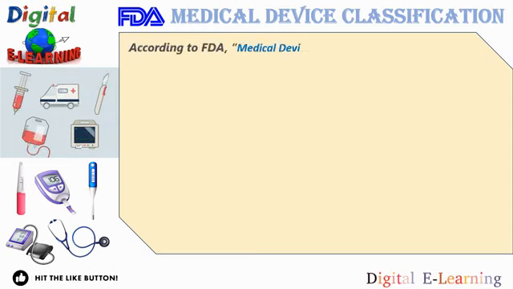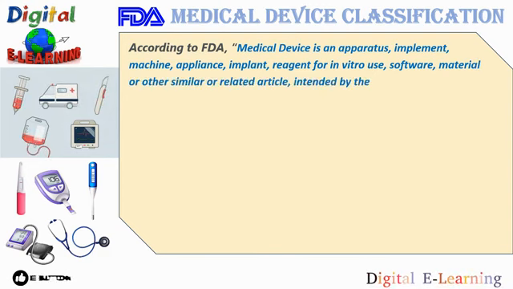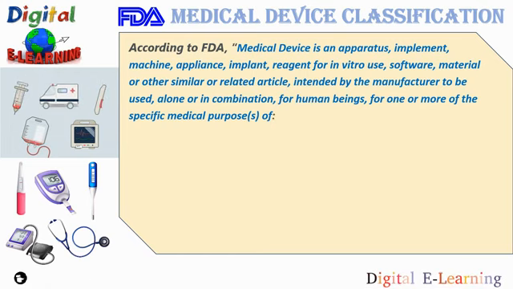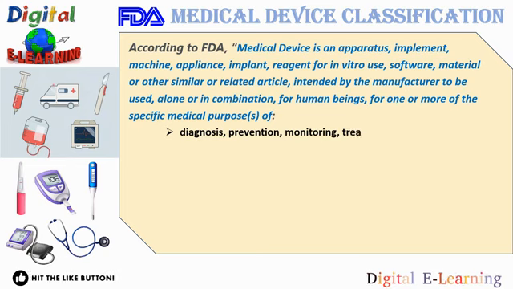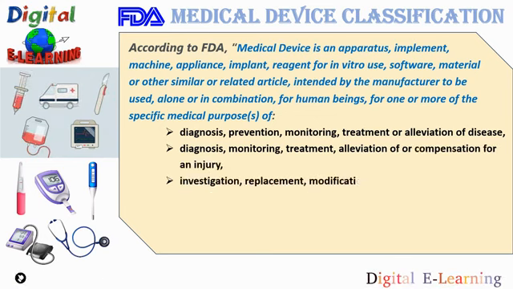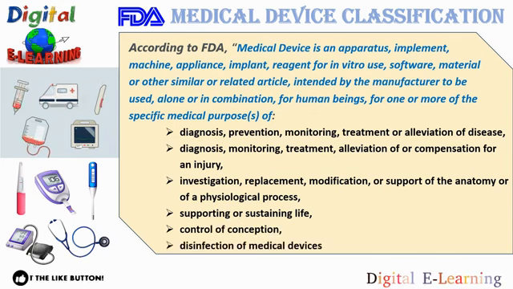As per the FDA, a medical device is an apparatus, implement, machine, appliance, implant, reagent for in vitro use, software, material or any other similar or related article intended by the manufacturer to be used alone or in combination for human beings for one or more of the specified medical purposes, and that includes diagnosis, prevention, monitoring, treatment or alleviation of disease, diagnosis, monitoring, treatment, alleviation of or compensation for an injury, investigation, replacement, modification or support of the anatomy or a physiological process, supporting or sustaining life, control of conception and disinfection of medical devices. So this is a medical device.